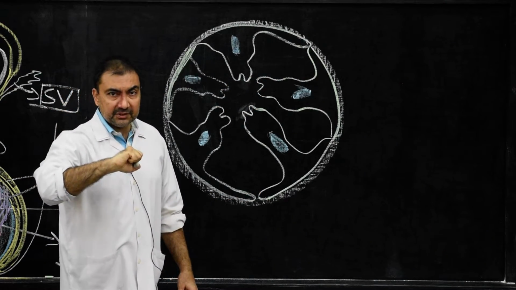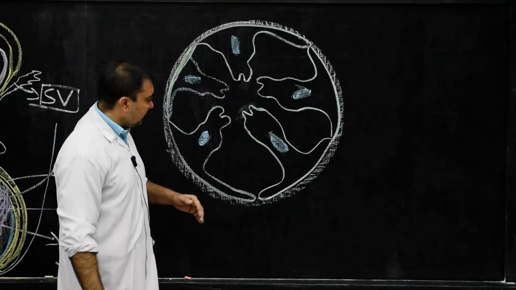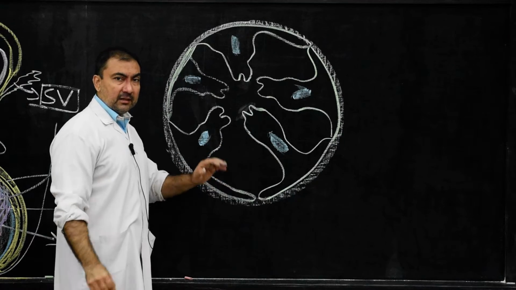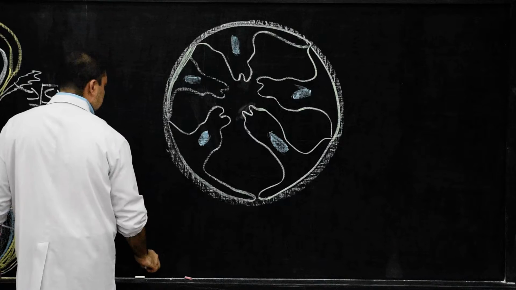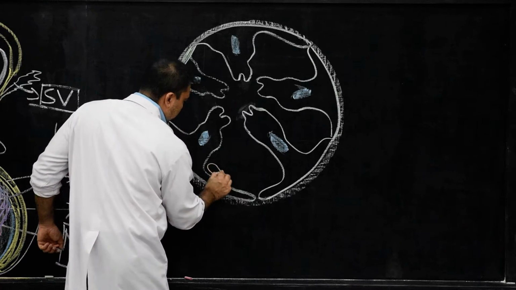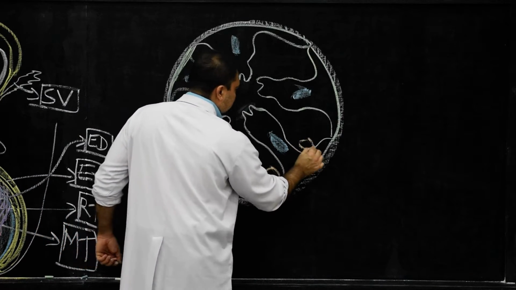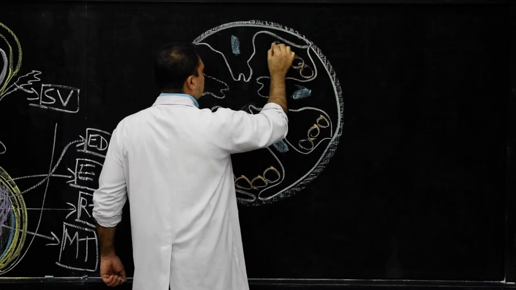Now these cells, which we show in different stages of spermatogenesis, are arranged in three layers: outer, intermediate, inner. The outer layer will contain spermatogonia. So the outermost cells will be that of the spermatogonia. Here I am going to draw these cells as spermatogonia.